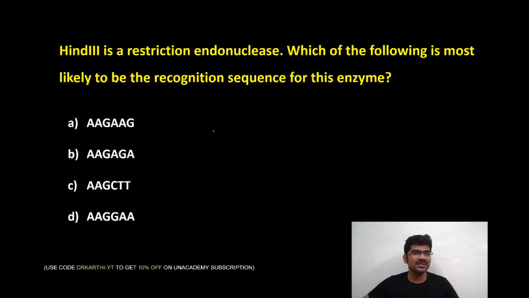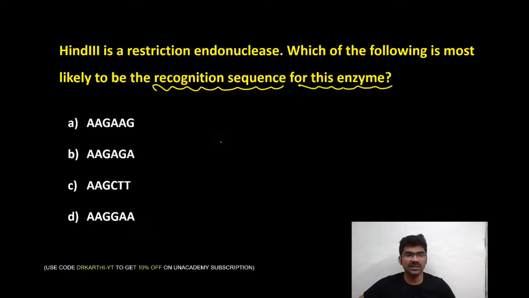Let's move ahead. This is again a previous question. Here I have mixed previous questions and new questions, so that you will have both. Now try this previous question. Pin 3 is a restriction endonuclease. Which of the following is most likely to be the recognition sequence for this enzyme?